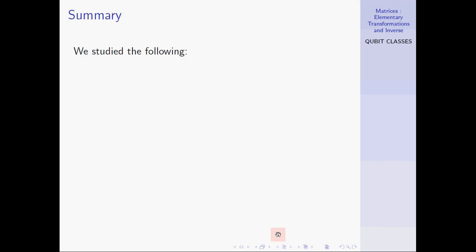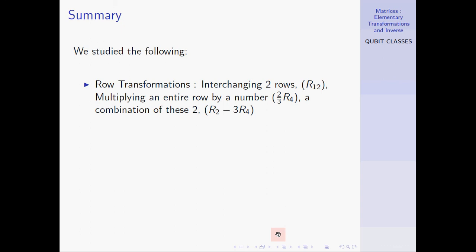Okay. So in this video, we studied the following things. First, we solved a problem on row transformations, where we did these operations: interchanging two rows. So if it is R12, then we will interchange the first row and the second row. Then multiplying an entire row by a number, let's say 2 by 3 into R4. So by this, we mean taking each and every element of R4 and multiplying it with this number 2 by 3.